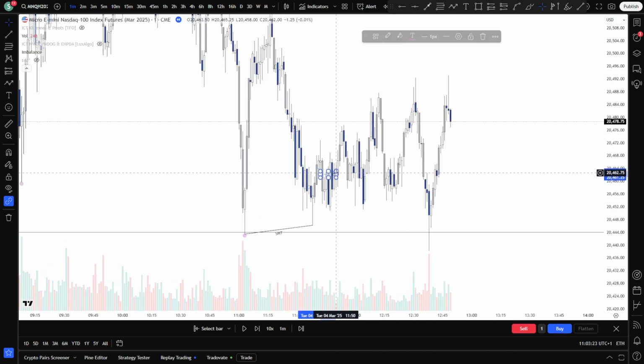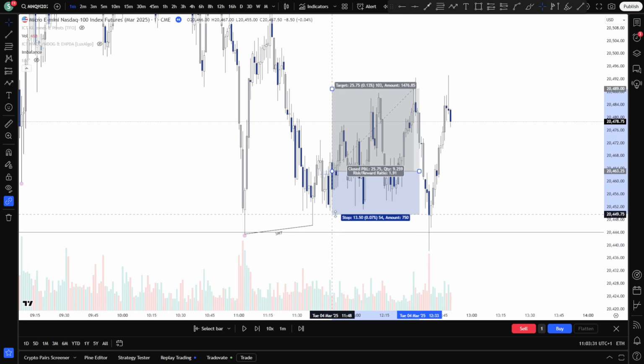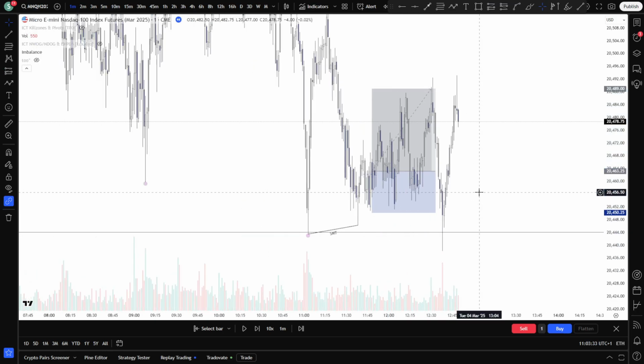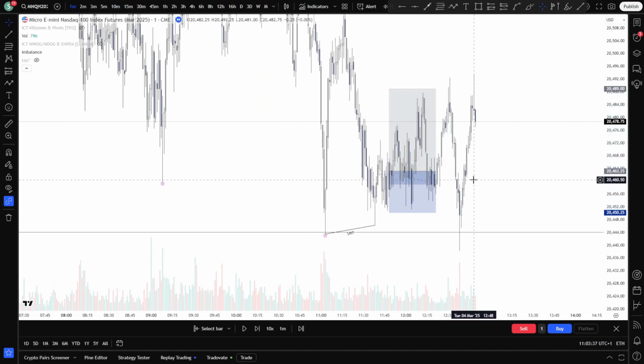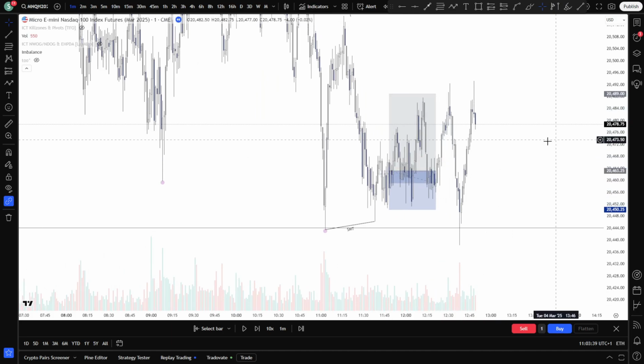And then we made the decision to take an extra entry when we inverse this fair value gap. We wanted to order on top, stop loss between this low, and with that re-entry we had a total risk of 0.75%. We had an add-on of 0.25% risk.